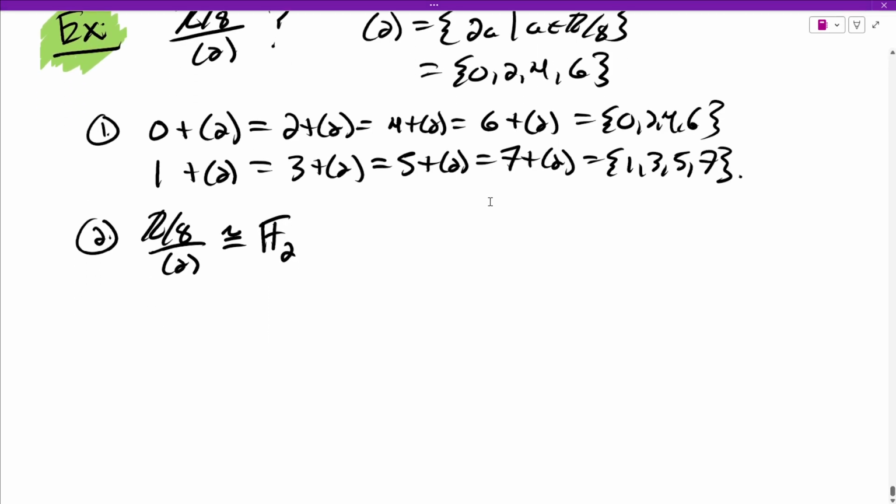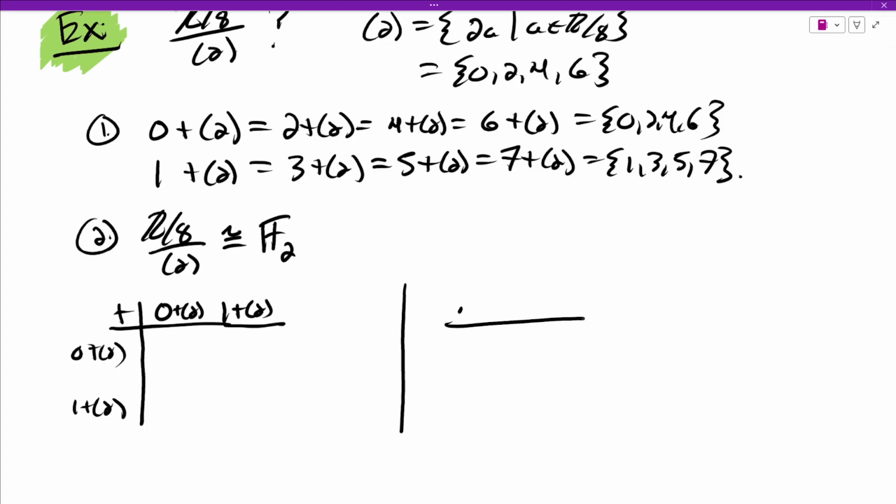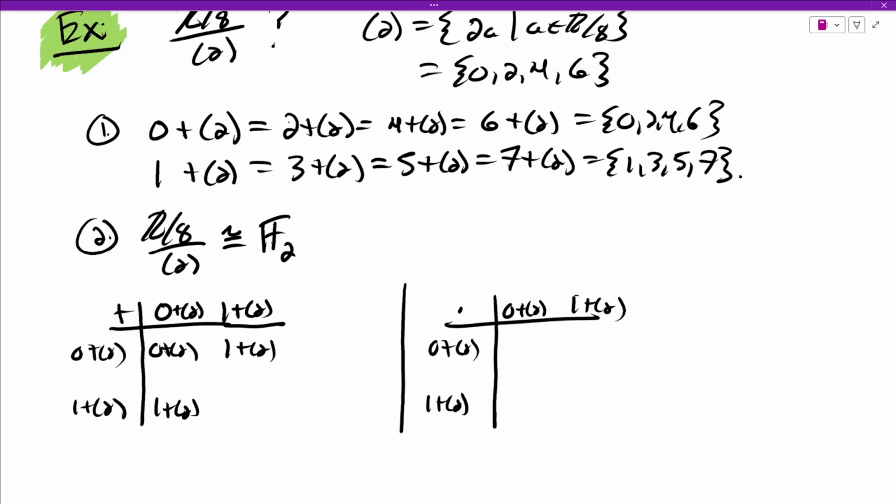And if we sat here and computed the addition table, with 0 plus 2, 1 plus 2 as our columns and rows, and computed the multiplication table, what we'd find is the usual. 0 plus 0 is 0, 0 plus 1 is 1, 1 plus 0 is 1, and then 1 plus 1 is 2, but 2 is in the ideal generated by 2, so we get 0 plus 2 out of that.